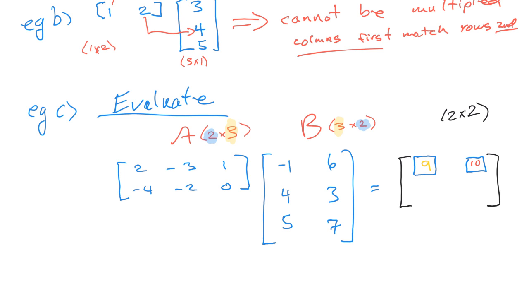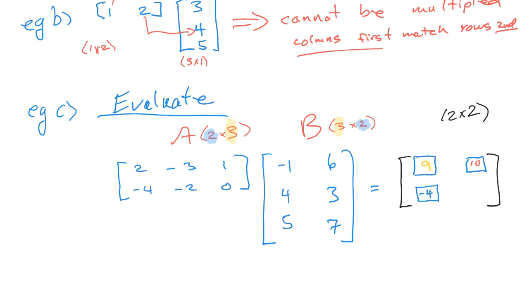For the first position in the second row, we take all of this and multiply by all of that. In doing so, you end up with -4 times 1 plus -2 times 4 plus 0 times 5, and that gives us -4.